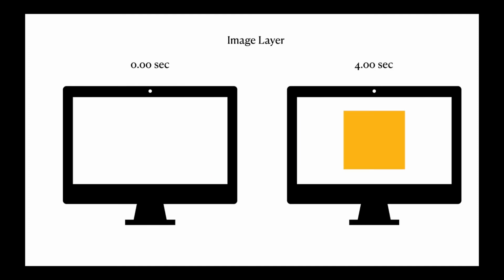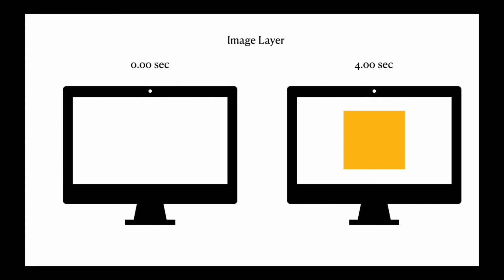So in image layer, when you start your website at 0th second, your map didn't have that yellow square, and let's consider it took 4 seconds to get the information about that image and then show it on the map. So it means that between the 0th second and the 4th second, your map was blank, and after 4 seconds suddenly a yellow box appeared on your screen.